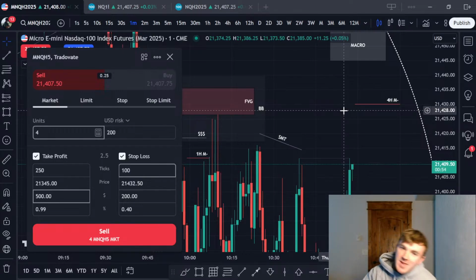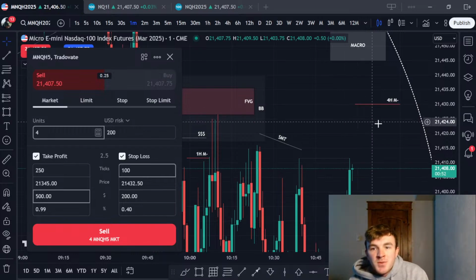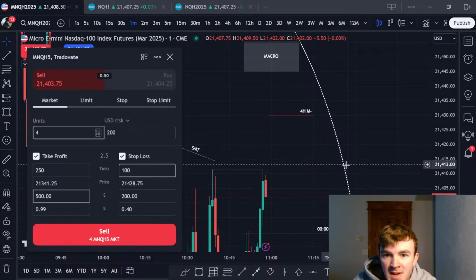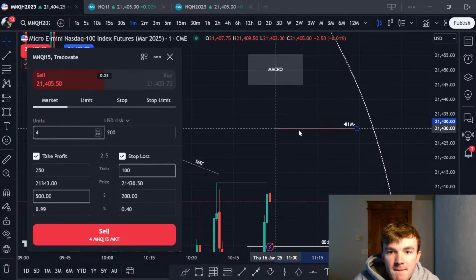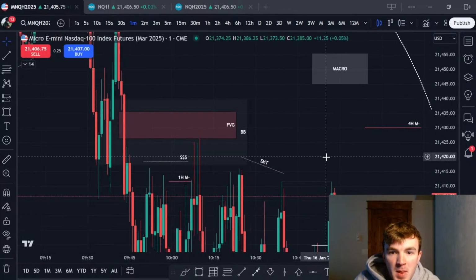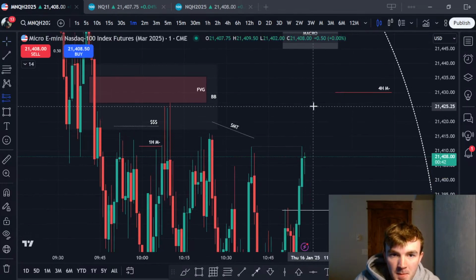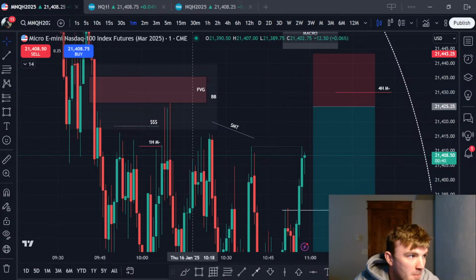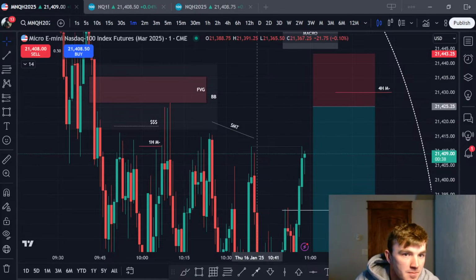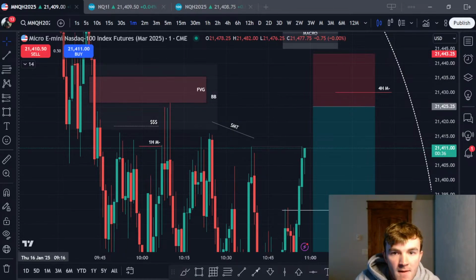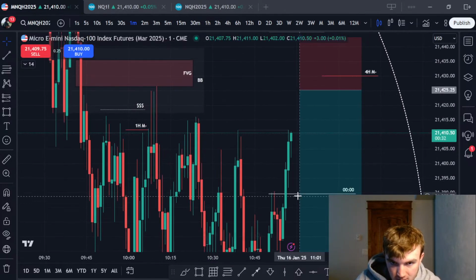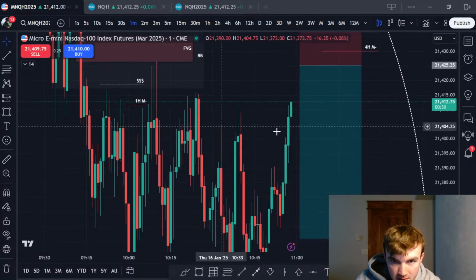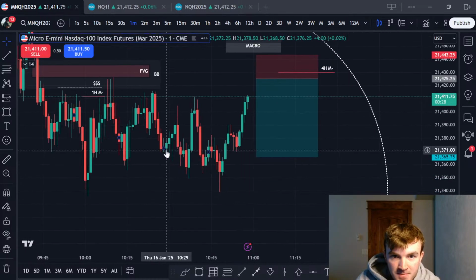It might be the most obvious inversion in the world, and then why wouldn't I take that? You know, we're getting movement. Definitely seems like it could be AMD.